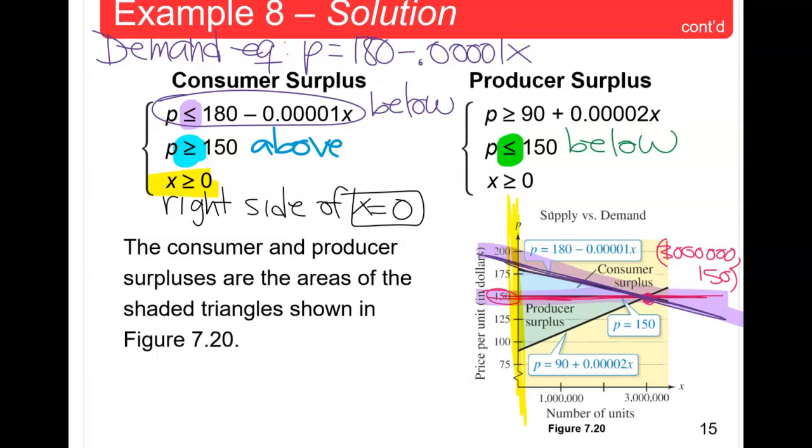Now, lastly, we said that was demand, right? So this is the supply equation, and that will be the P equals 90 plus 0.00002x, and that will be this line here.